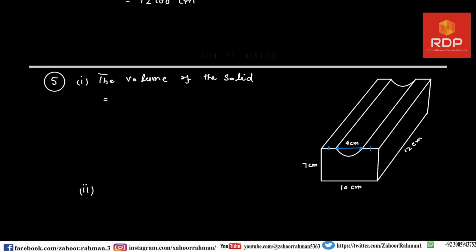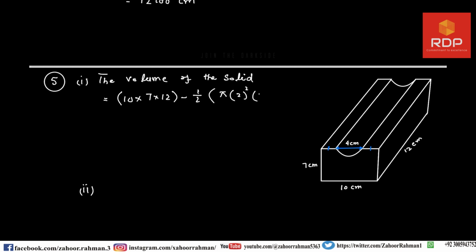The volume of the solid will be equal to 10 into 7 into 12, and then we have to subtract half of the cylinder, and you know the volume of a cylinder is pi r square h.